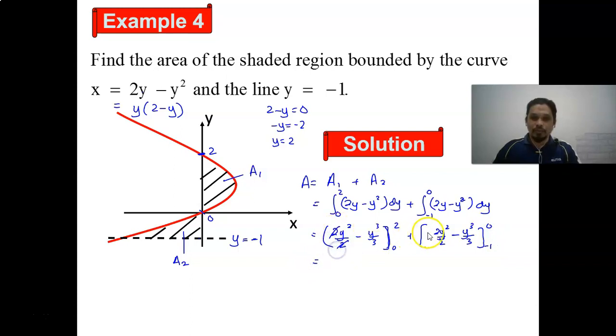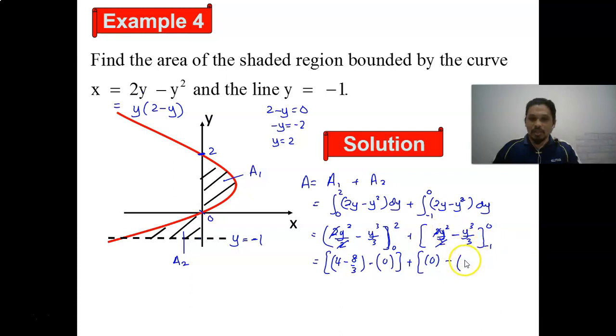2 divided by 2, 2 divided by 2. Substitute y here with 2 first. 2 square equal to 4 minus 2 cube over 3, equal to 8/3, minus, and substitute with 0 here, everything is 0, plus, substitute with 0 here, everything with 0, minus, and substitute with negative 1.